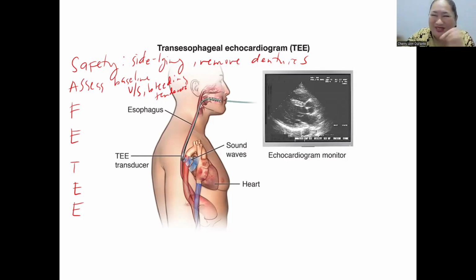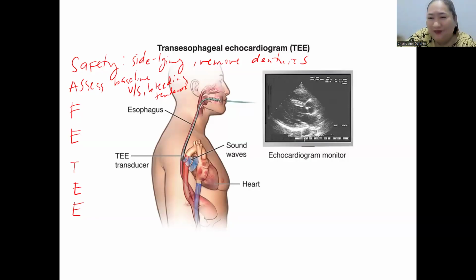If the patient's taking an anticoagulant, do they have to stop it? Yes, sir. Those medications that can cause bleeding will be withheld, because we don't want our clients to bleed out during or post-procedure. That's why part of your post-op assessment will be to check for hemoptysis.